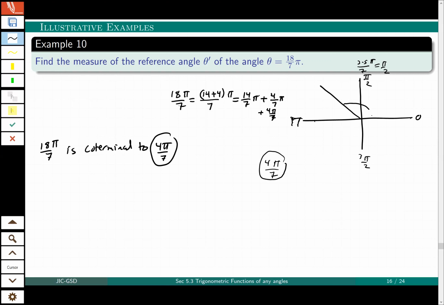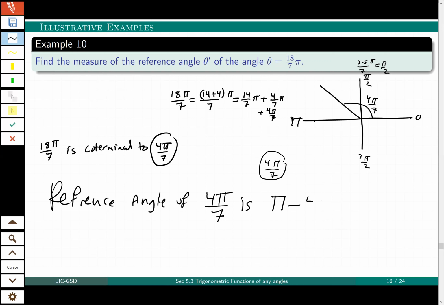So that will be 4 pi over 7. What's the reference angle? Reference angle of 4 pi over 7 is pi minus 4 pi over 7.